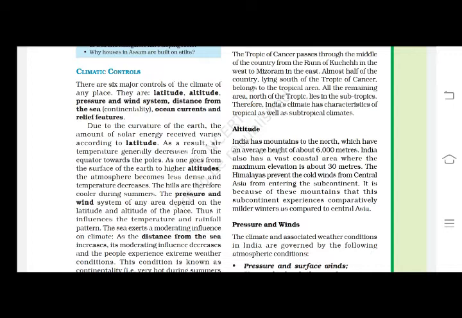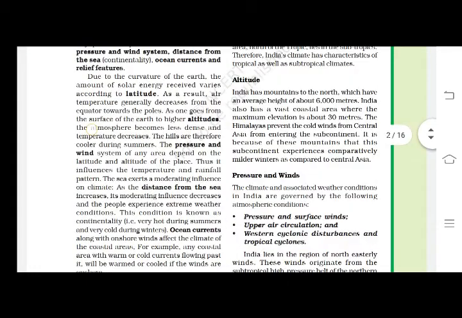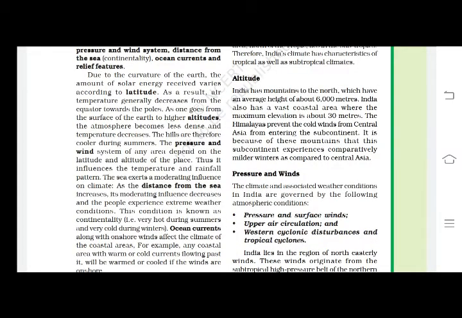The sea exerts a moderating influence on climate. As the distance from the sea increases, its moderating influence decreases and people experience extreme weather conditions. This condition is known as continentality: very hot during summers and very cold during winters. Why is it so? Because as the distance from the sea increases, what happens?